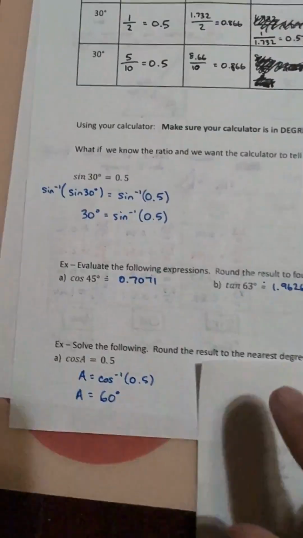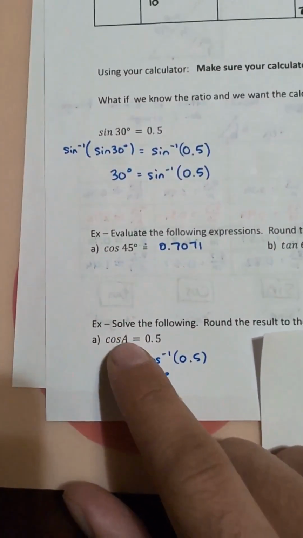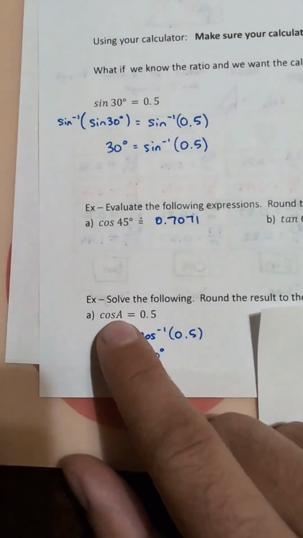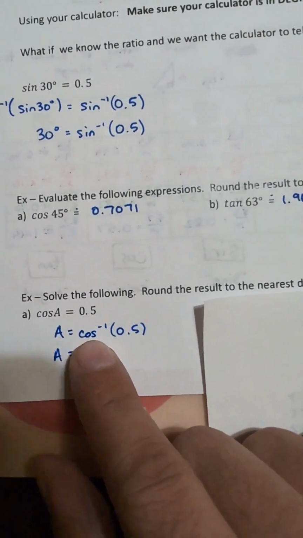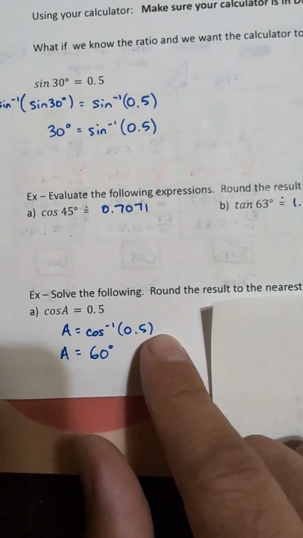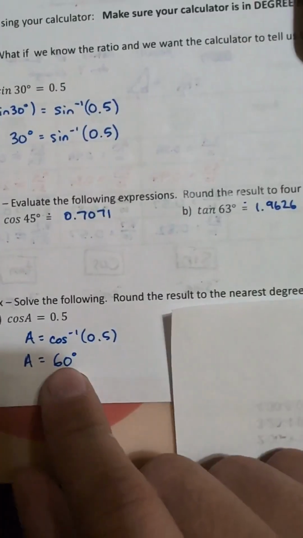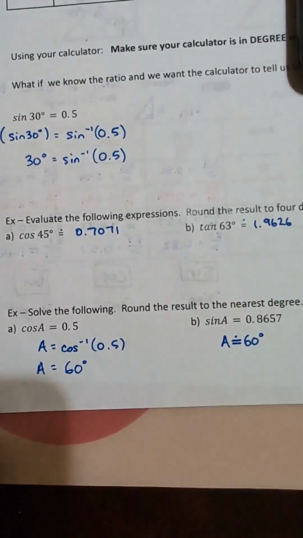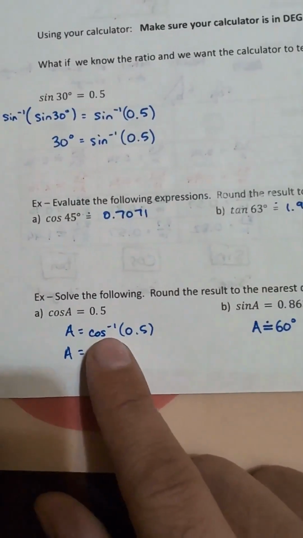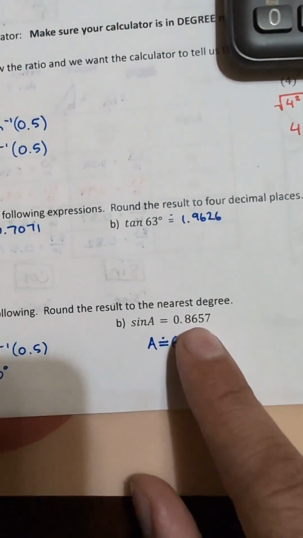And then this example, round to the nearest degree. So we're solving for the angles this time, which means we need to do the inverse of our ratio. So the inverse, cos inverse of 0.5 should give you 60 degrees exactly. If you put it in your calculator, don't need to round for that one. And then these two, I've skipped the step of writing the inverse, but you would need to do sine inverse of this decimal.